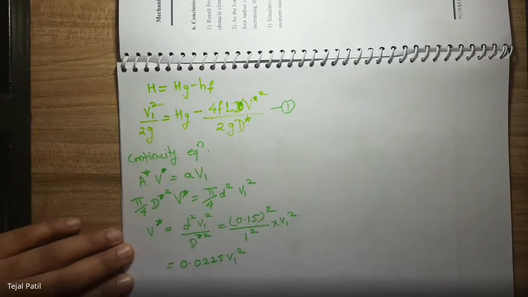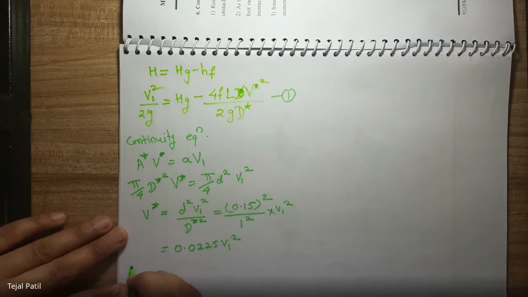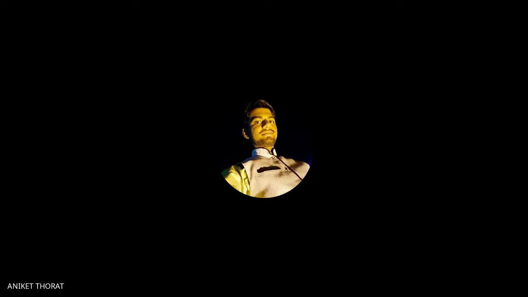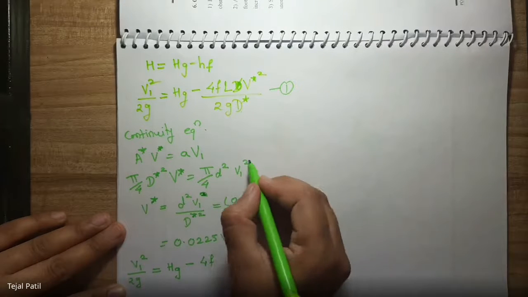Okay, now put this in equation number 1. Put the value of V star in the equation and you can now find V1, right? So solve it please and tell me what is the V1. What is the value of V1? Sorry, not V1 square. I have mistakenly written it.